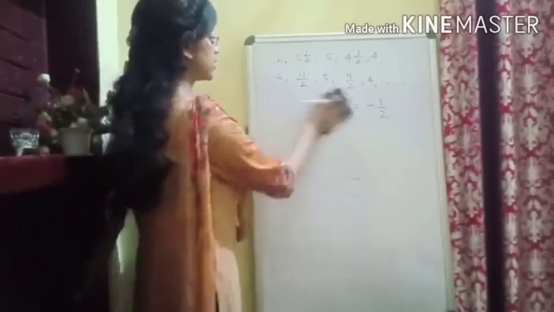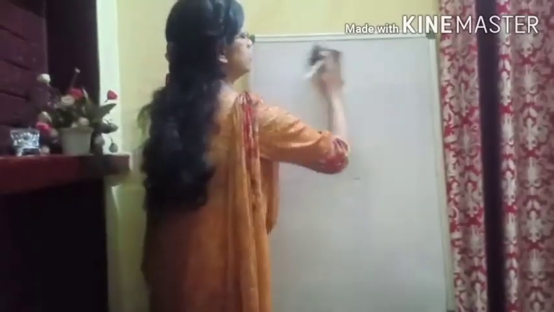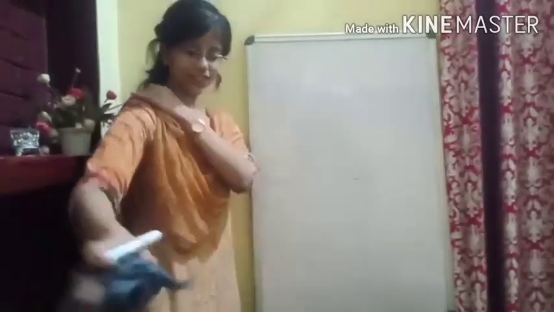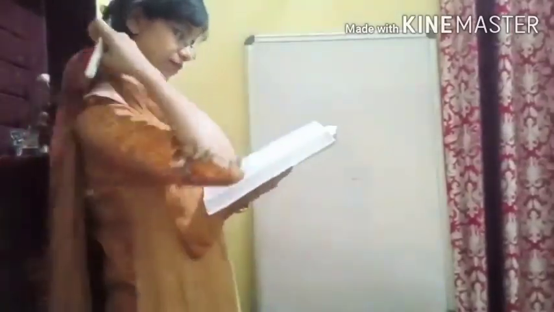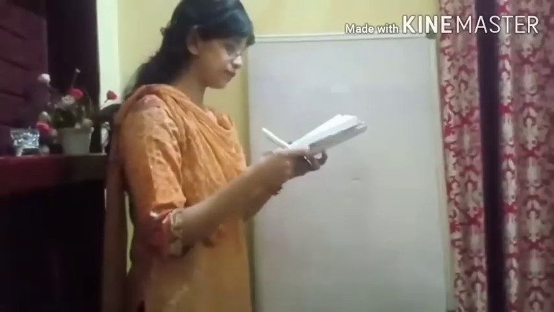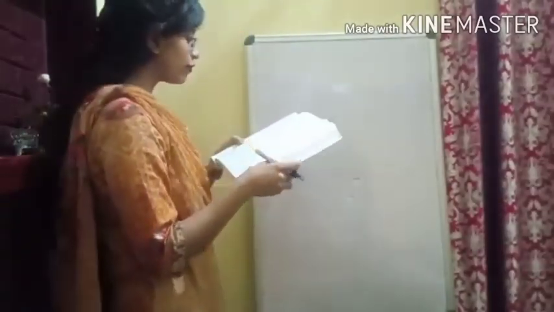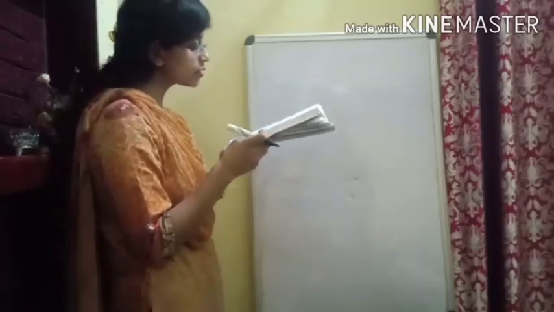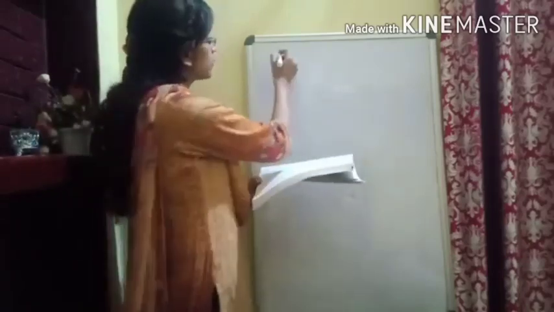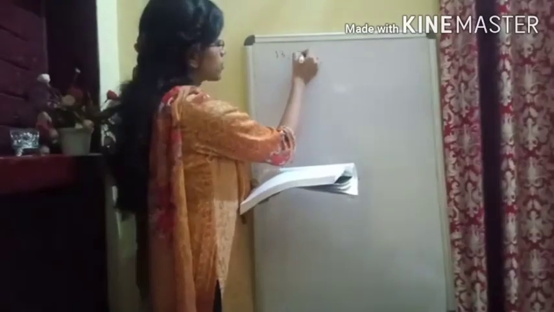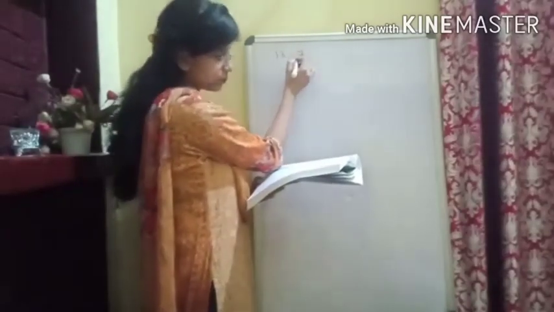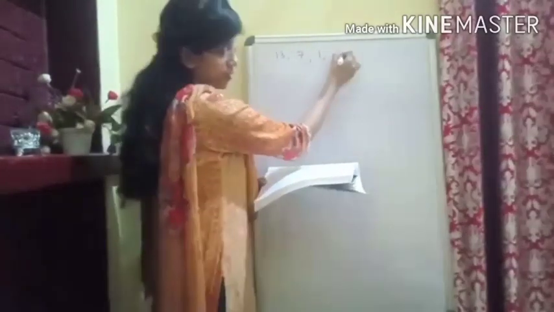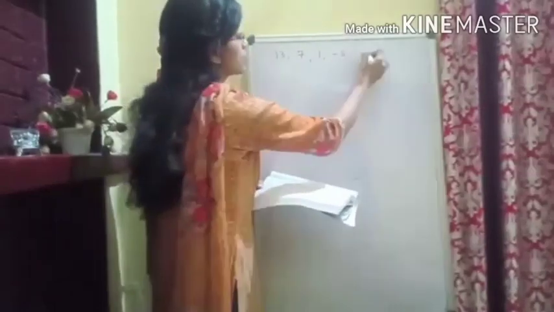So this is the next question. Now let's see another question if we can solve. Here I have find the nth term. One more question is find the nth term of the AP. AP is 13, 7, 1, minus 5, minus 11.